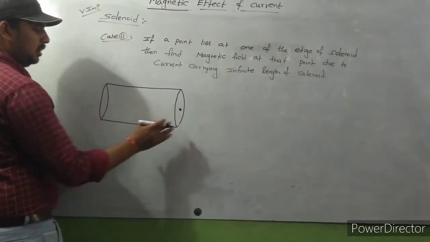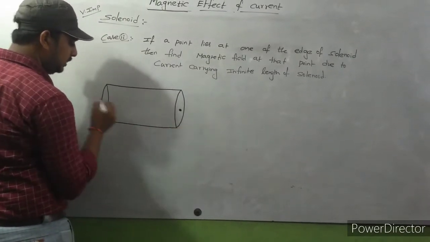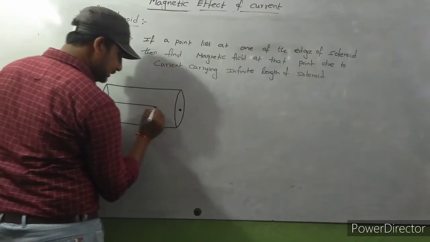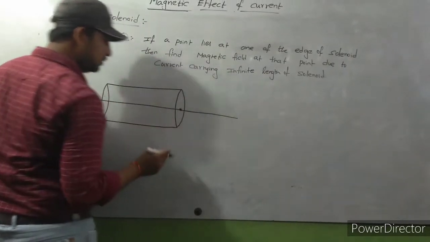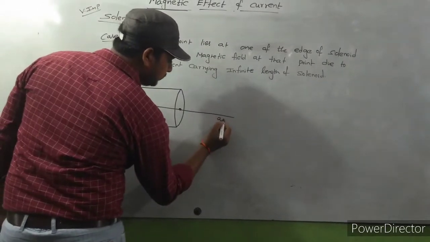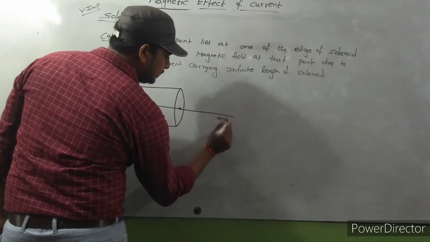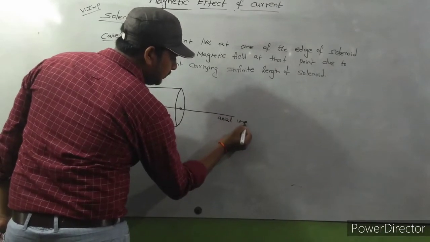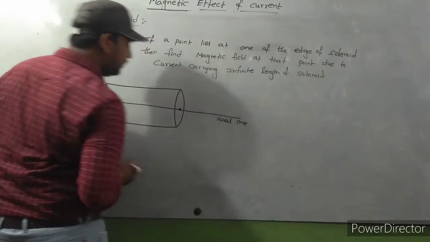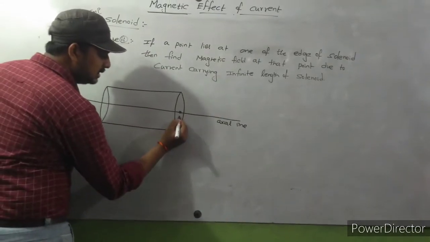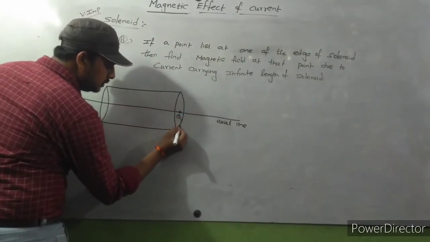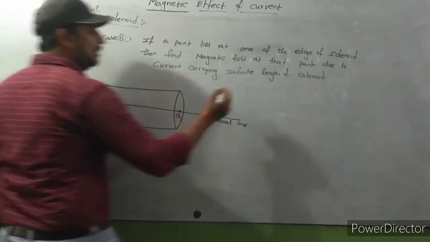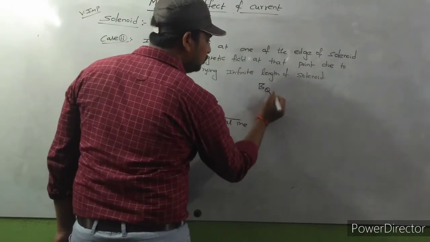This is the axis, so this is the axial line. So this is a point. Let us consider this point is some Q. So we need to find the magnetic field at Q.